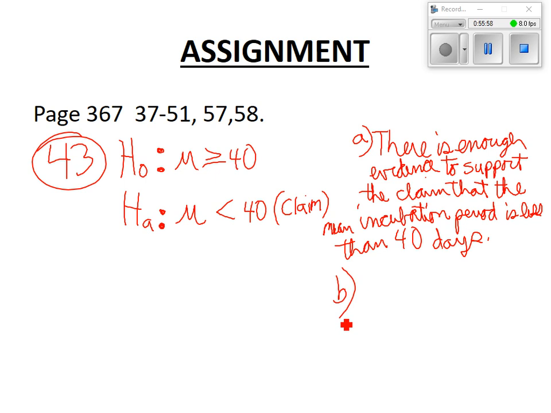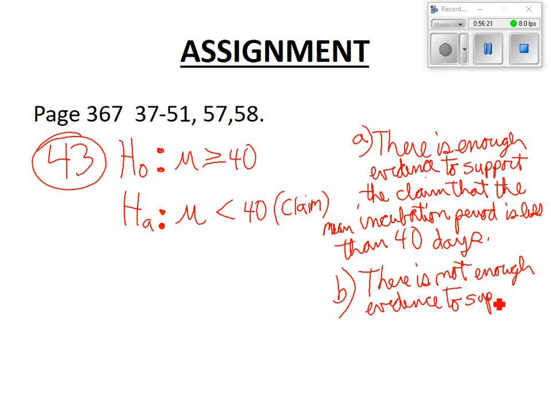So what's B? B is if we fail to reject the null. There is not enough evidence to support the claim that what? Notice, Brendan, I haven't given it out yet.